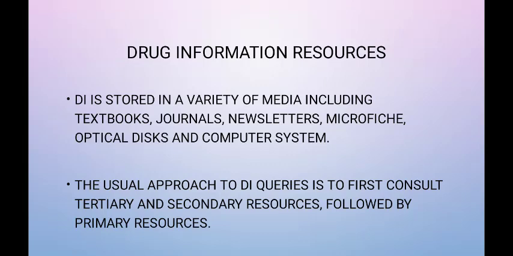When you have to get any kind of DI, you have to refer to some tertiary or secondary source. Tertiary source means you refer to books, and for secondary you can choose an abstract of the particular drug related query.